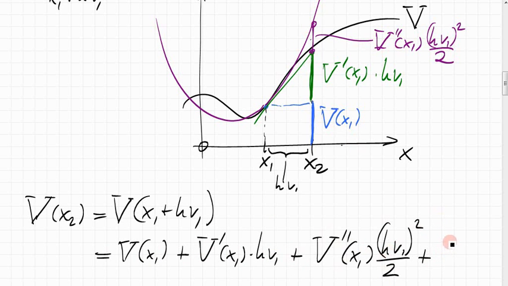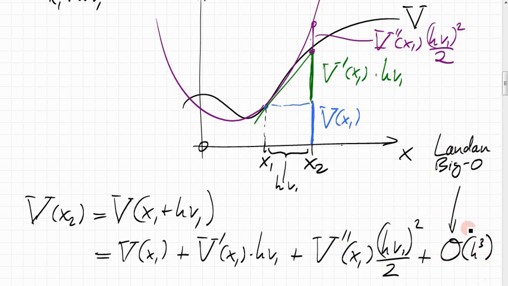The official notation for that is big O of h to the third power. If you want to look that up, this is called Landau big O notation.